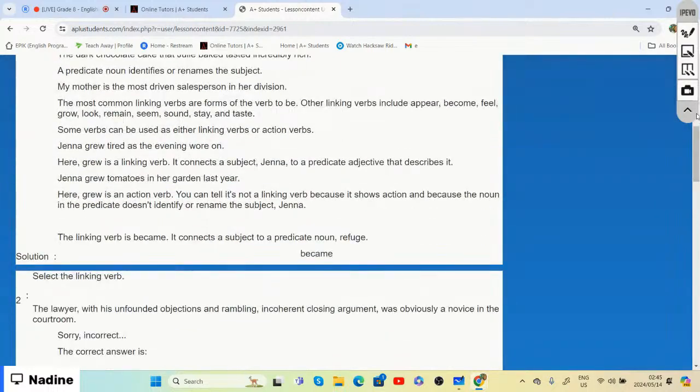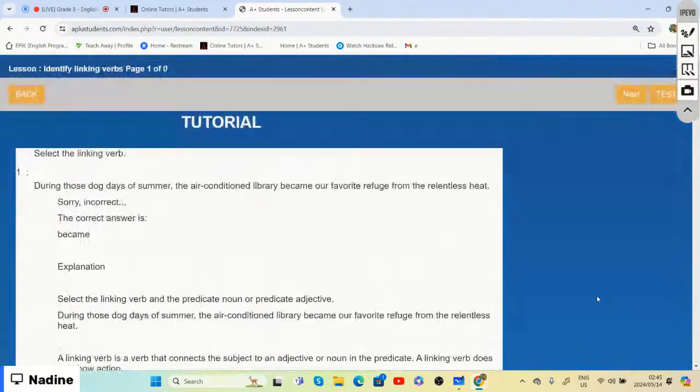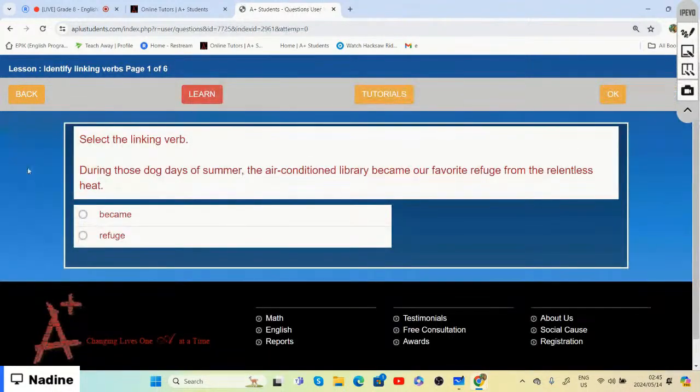All right. So we're going to our test. So we're going to select the linking verb. During those dog days of summer, the air-conditioned library became our favorite refuge from the relentless heat. So we need to select the linking verb.